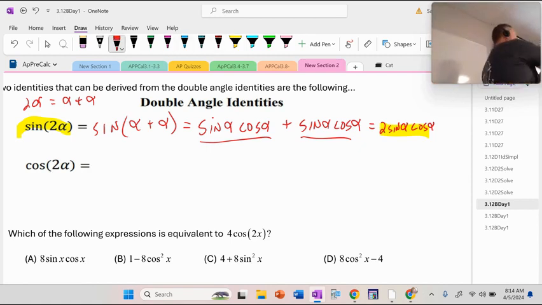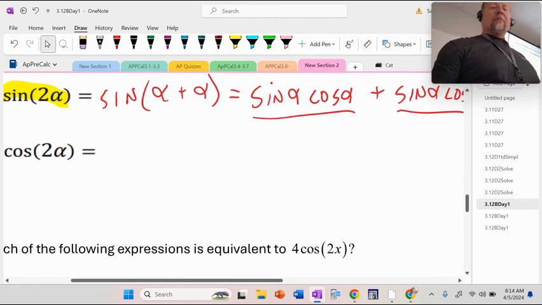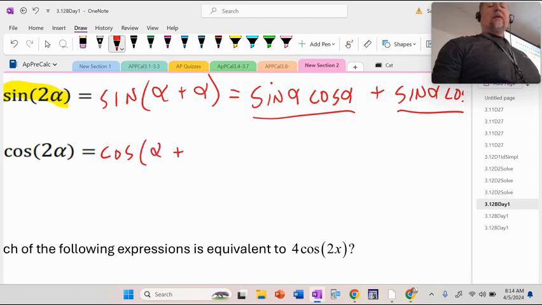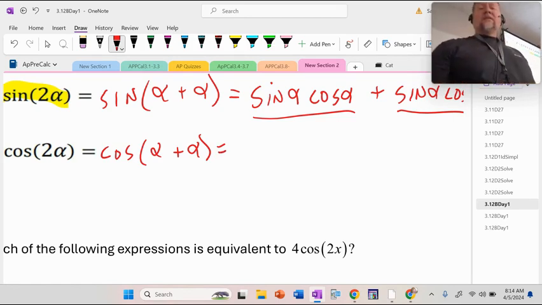All right, and then cosine. This one's a little weirder. So what do we do for cosine of alpha plus alpha? We do that. And then how does cosine work? It's cosine cosine alpha.